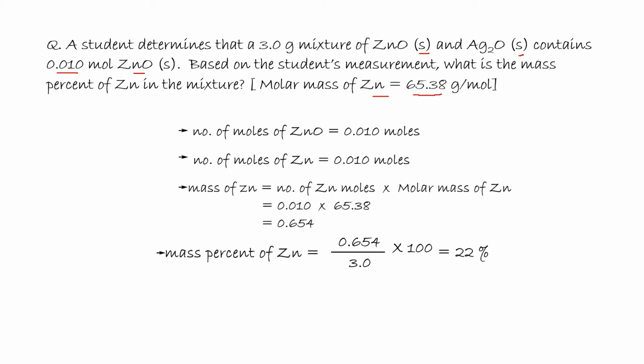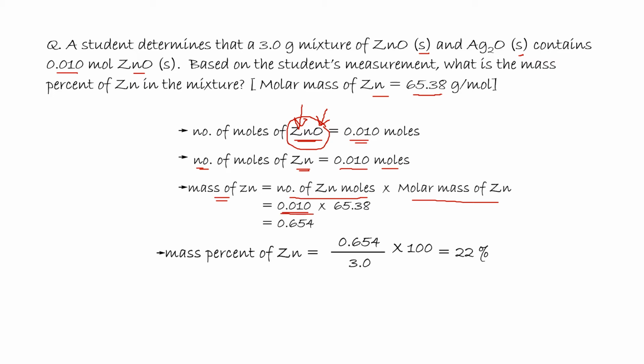The number of moles given for zinc oxide is 0.010 moles. From the formula, 1 mole of zinc oxide contains 1 mole of zinc and 1 mole of oxygen. So the number of moles of zinc will be 0.010 moles. As we mentioned before, mass of zinc will be the number of moles of zinc times the molar mass of zinc.